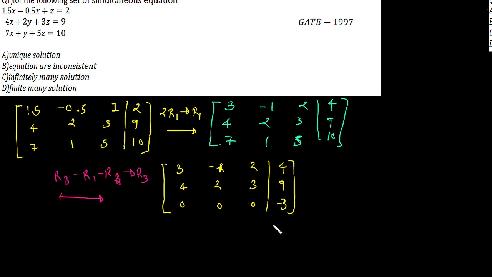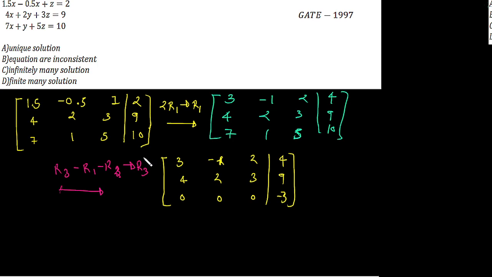So now you can see the rank of this coefficient matrix, which is 3 cross 3, and the rank of this augmented matrix, which is 3 cross 4, are not the same. The rank of the coefficient matrix is 2 and the rank of the augmented matrix is 3.